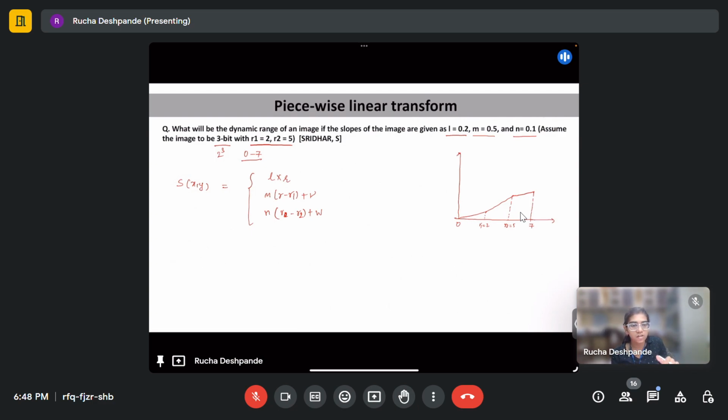So I have made this plot, so you can try to find the range on y-axis.